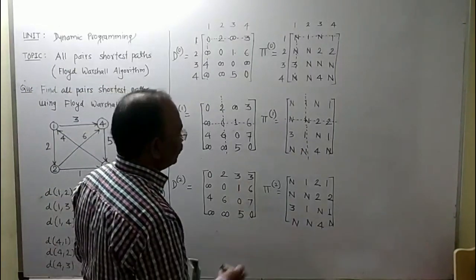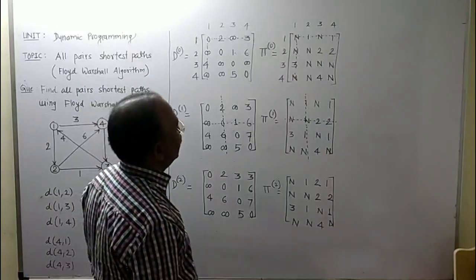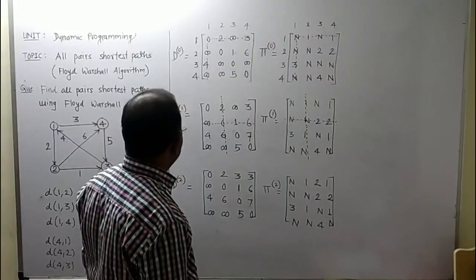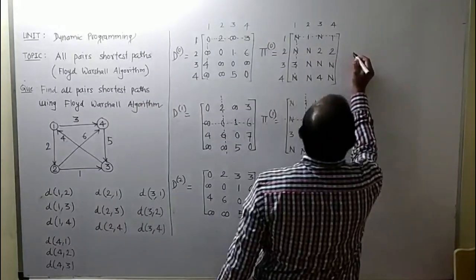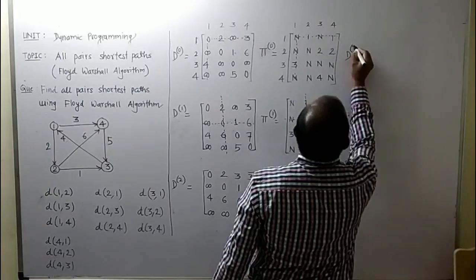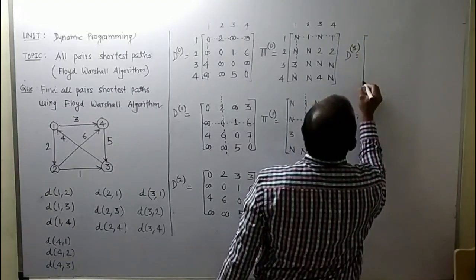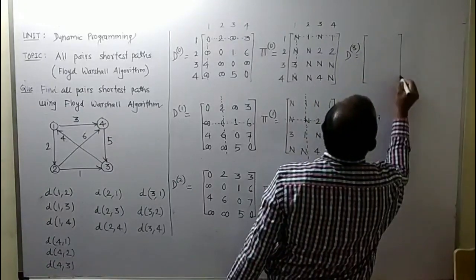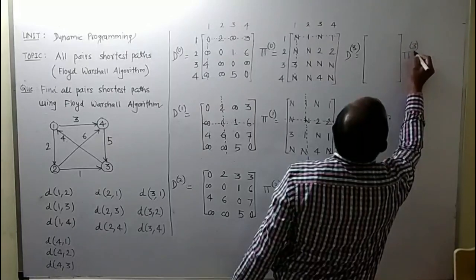In this way, we have completed D2 and pi 2 matrix. Now go for D3 and pi 3 matrix. So here I write D3 and pi 3.